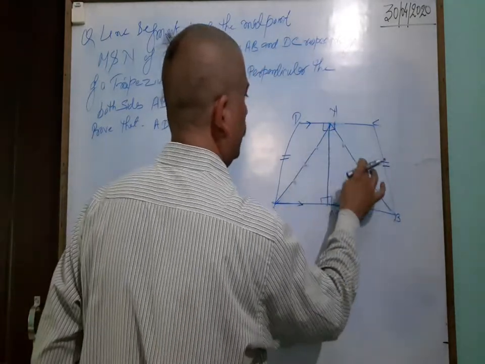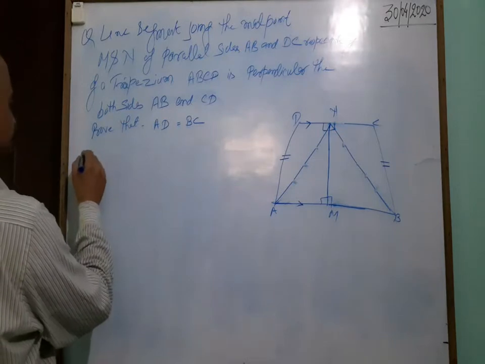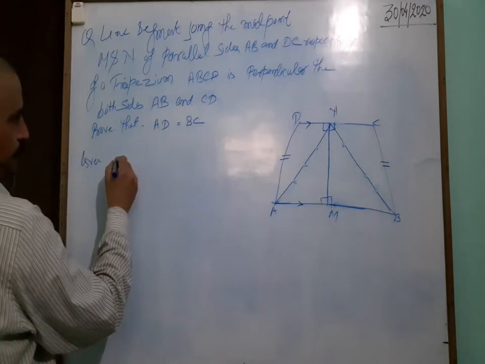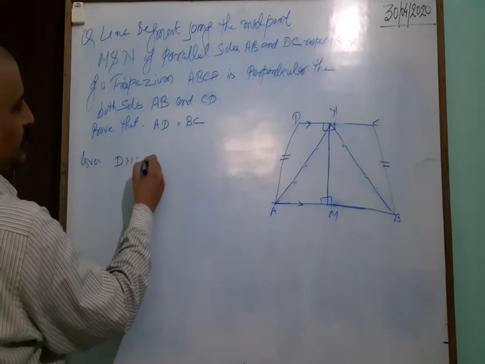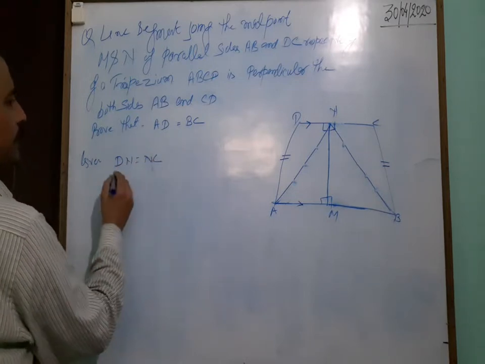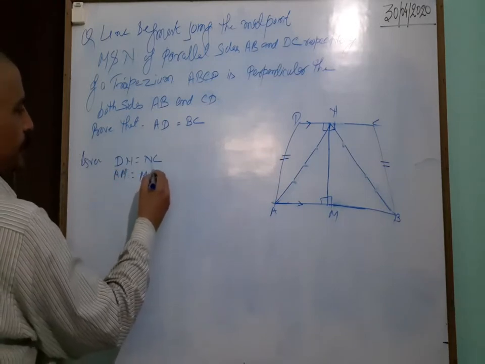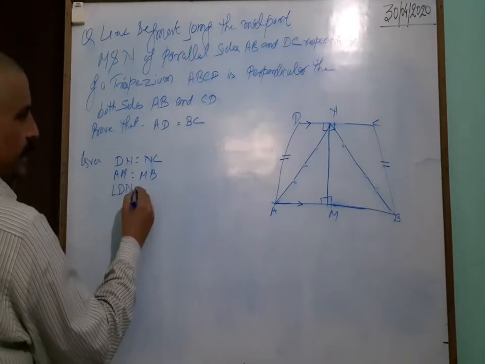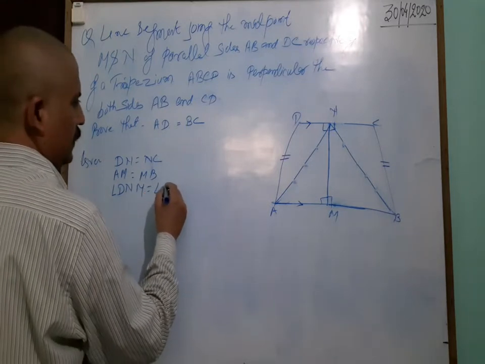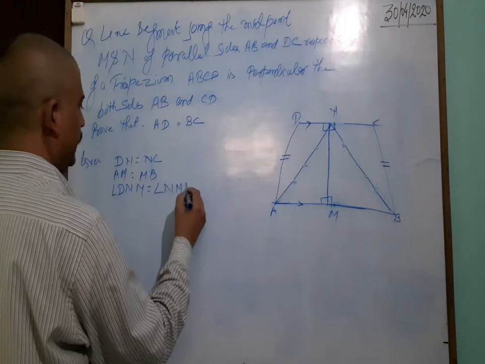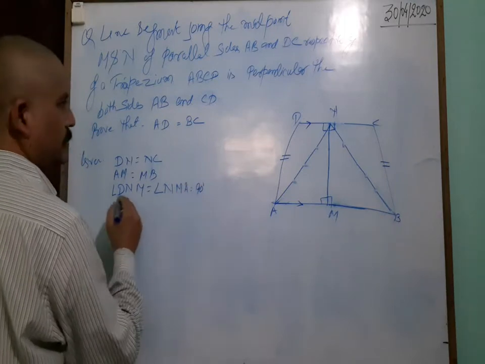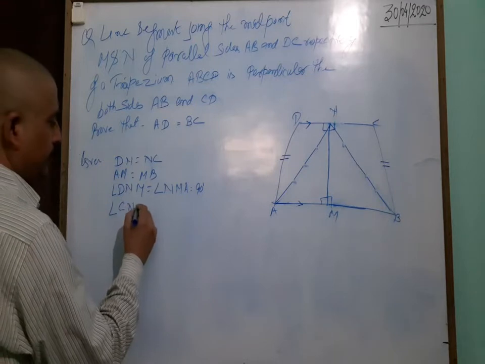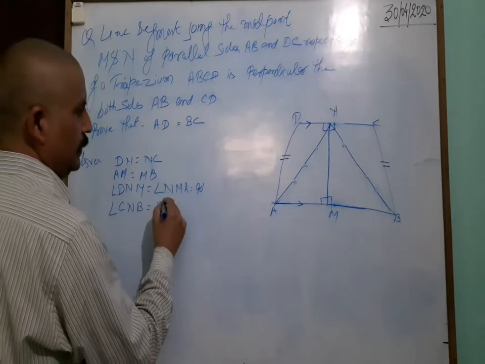First of all, given that DN equals NC, AM equals MB, and angle DNM equals angle NMA equals 90 degrees. Also angle CNM equals angle NMB equals 90 degrees.